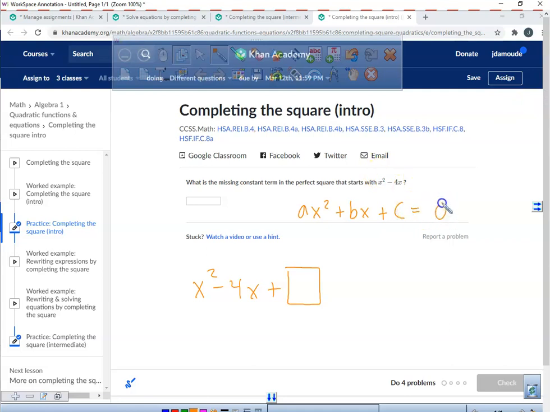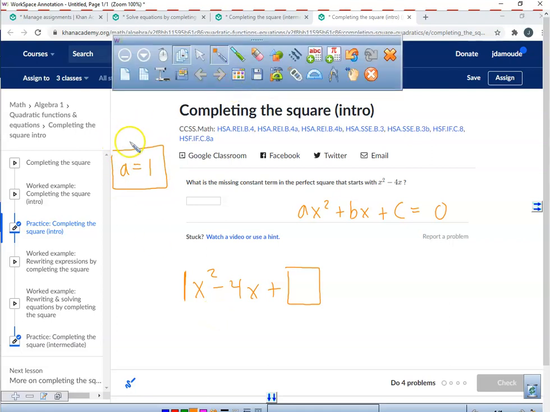Now when you're completing the square, it's very, very important that you have the a value as 1. So the first thing, a must be equal to 1. That's super important. So make sure you write that down in your journals. You could put, hey, must happen. A has to equal 1. And we do have a 1 here.